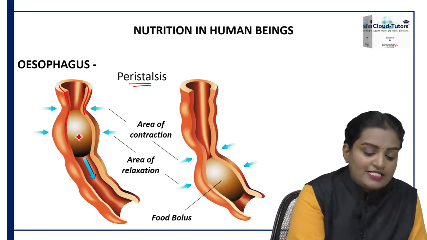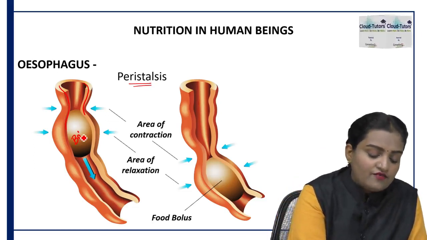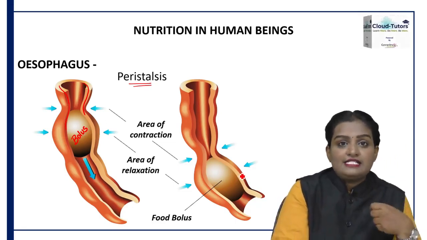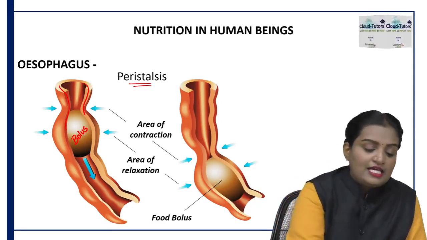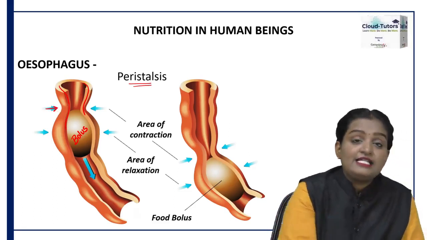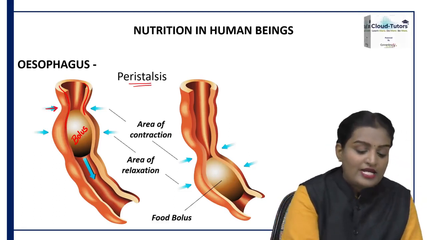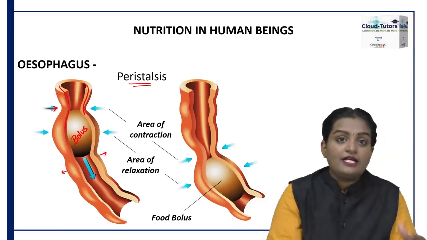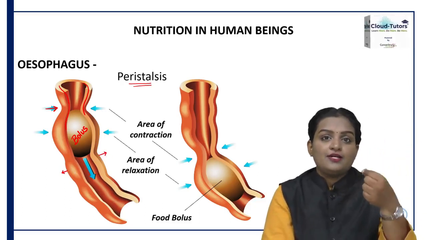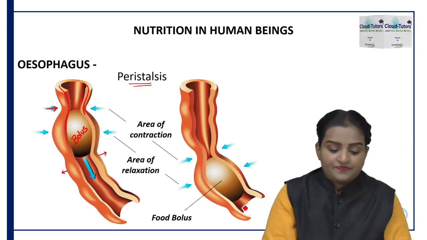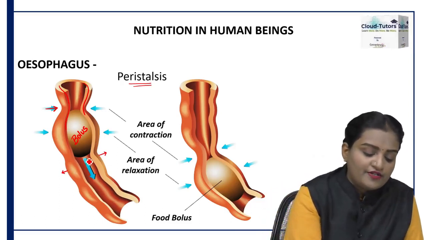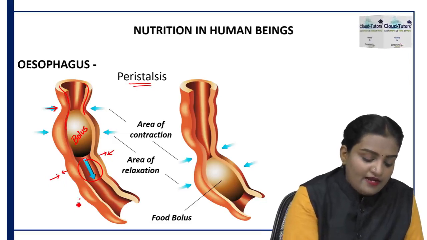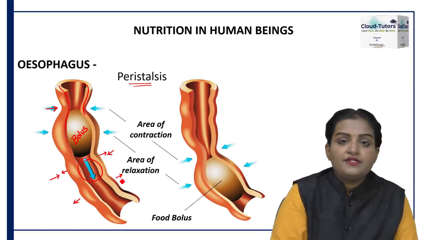So when the bolus, so this is known as food bolus, which is mixed with saliva, when it enters the esophagus, the anterior part contracts, whereas the posterior part relaxes, so that the bolus will be pushed towards the stomach. So when the bolus is pushed, when it comes here, so this part contracts and the further posterior part relaxes.